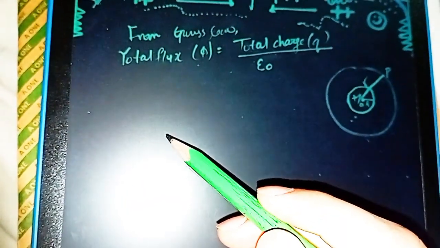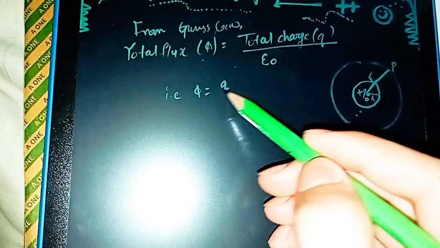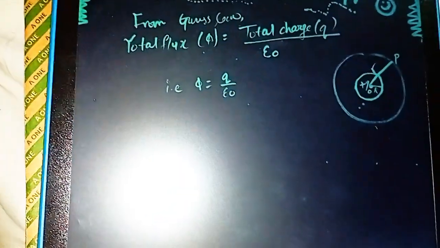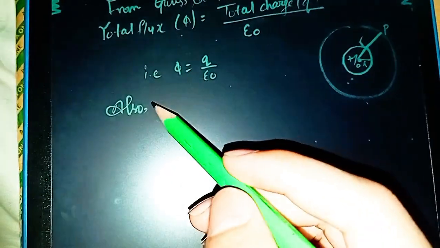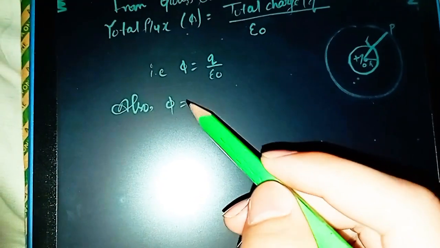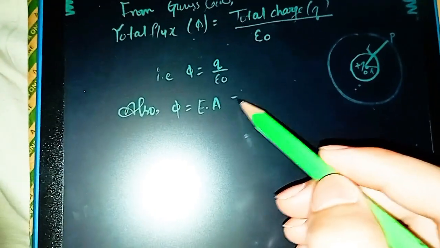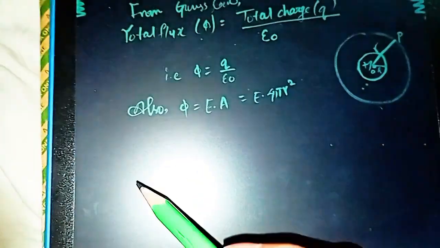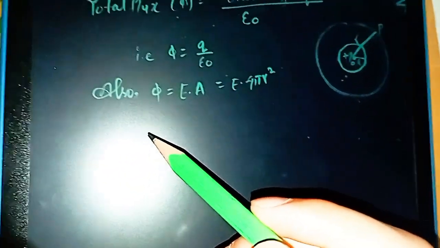I've already derived this equation, that is phi is equal to Q by epsilon naught. Now also, phi is equal to E dot A. So E dot 4 pi r square, since for a sphere the area is 4 pi r square.